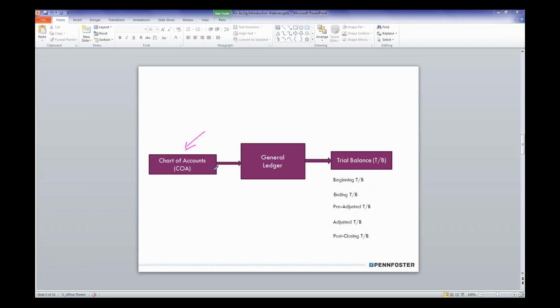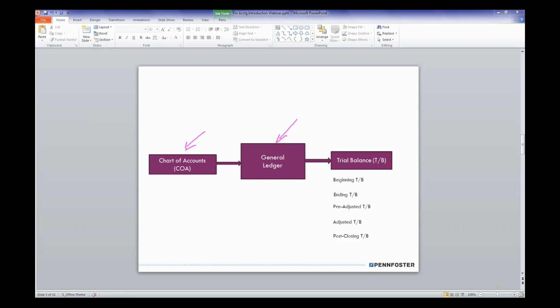Now, when the author is creating the textbook for American history, he has his notes spread out all over the page, and he decides, well, this is going to go in this particular section, and that's going to go in that particular section. Well, all of your information is arranged in your general ledger by account. You're going to see a cash account, accounts receivable, so on and so forth.